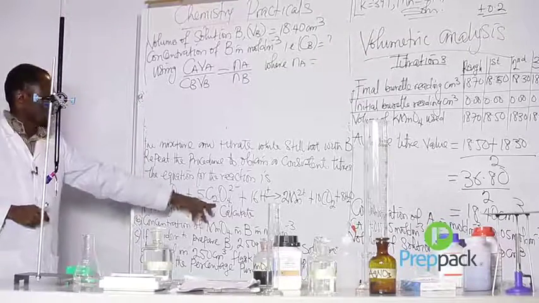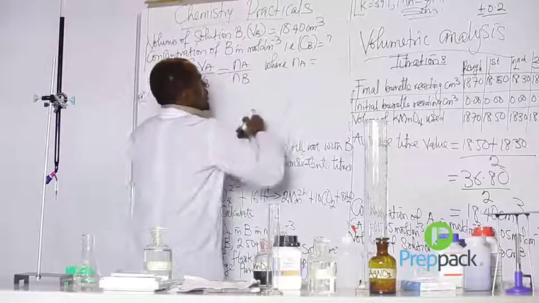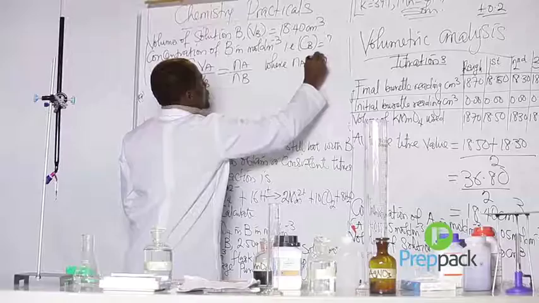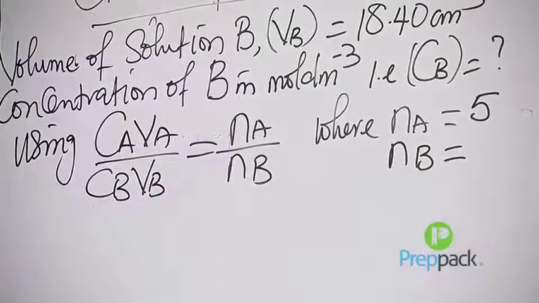This is the acid, oxalic acid, and the mole ratio here is 5. Our Nb equal to 2.